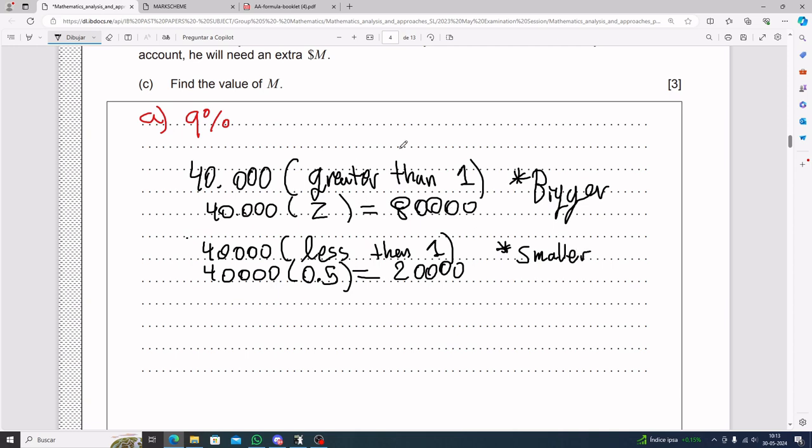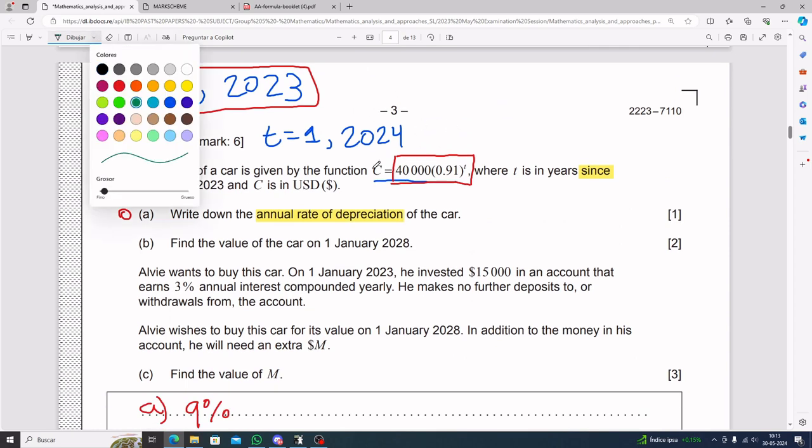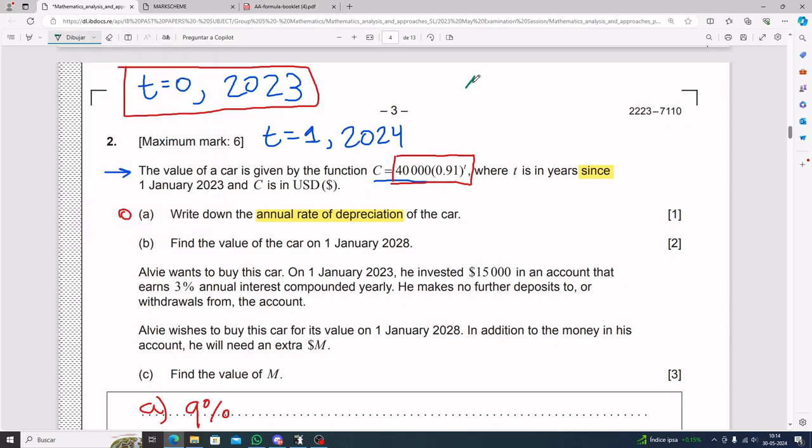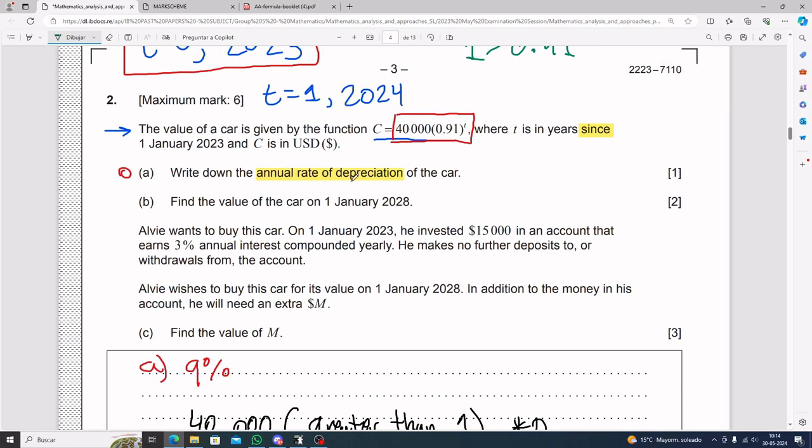You multiply by something greater than 1, it's bigger. You multiply by something less than 1, it's going to be smaller, right? And so up here, immediately you can notice it's being multiplied by a number that is smaller than 1. So 1 is greater than 0.91. And so we're in the situation where our number will be getting smaller. So that's also why we're talking about a depreciation.